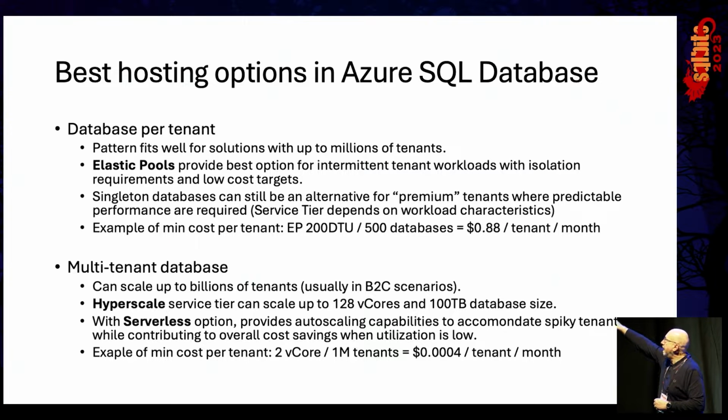The minimum cost per tenant that we can offer today in Azure SQL DB is basically 88 cents per database per month, if you will, right? You can achieve this using the DTU model and hosting 500 databases in a 200 DTU pool, which is equivalent essentially to 2 cores behind the scenes.